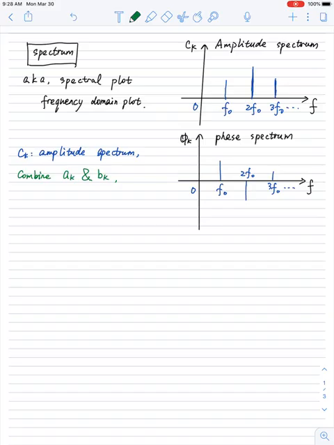So ck is a very good way to help us find the useful frequency components contained in the periodic signal. In practice, we usually use ck to quickly find out the key frequencies.